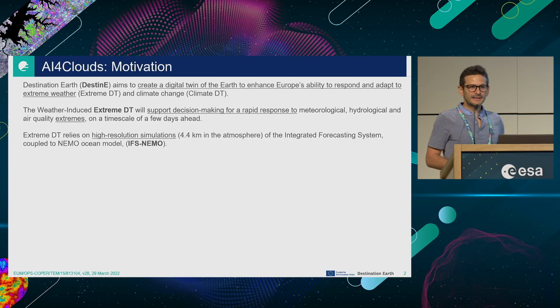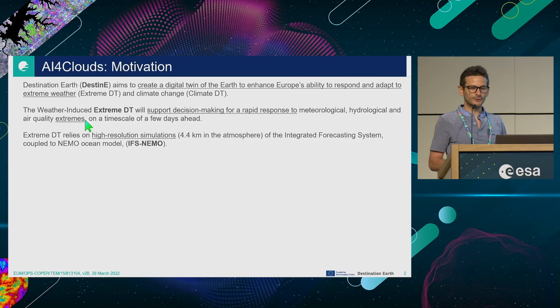So very briefly on the context, because we've been hearing from yesterday, we know that DestinE aims to create this digital twin of the Earth to enhance our ability to respond and adapt to both extreme weather and climate change. So in this work, we are mostly interested in ExtremeDT simulations, which will support our decision-making for rapid responses to extreme events.